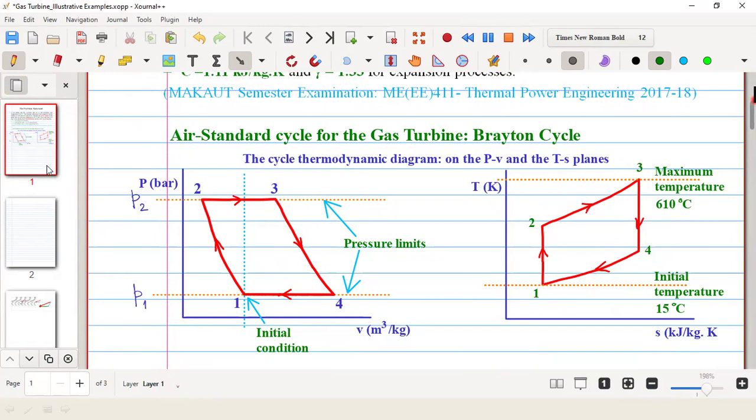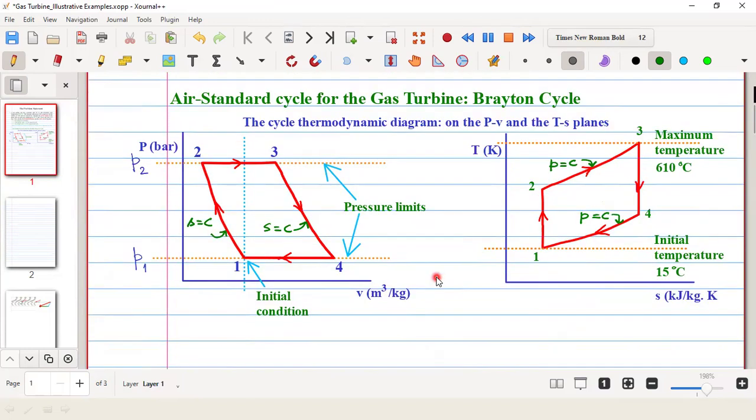I am not showing it on these two because this is a horizontal line, so you can quite clearly understand that this is a constant pressure process. Similarly, this one is also a constant pressure process, and these are constant entropy processes, as this is the entropy axis.